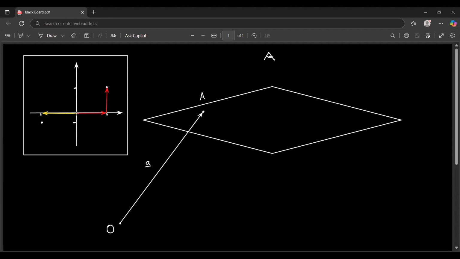You're going some units in the opposite x direction and some units in the negative y direction. This also represents a point. So what you need is two axes, and that's what we are going to use to come up with the vector equation for a plane also.